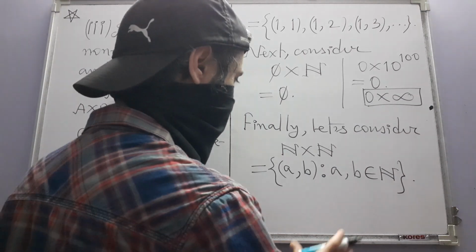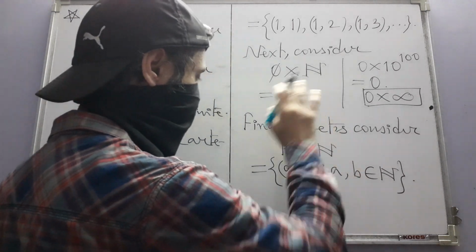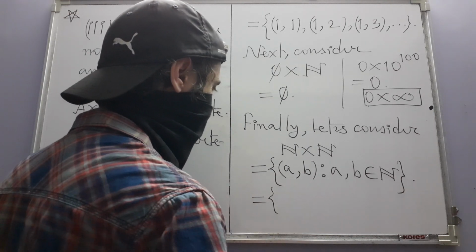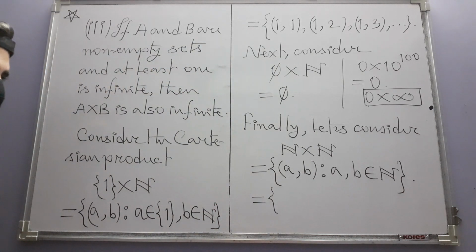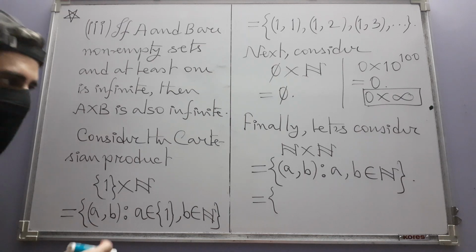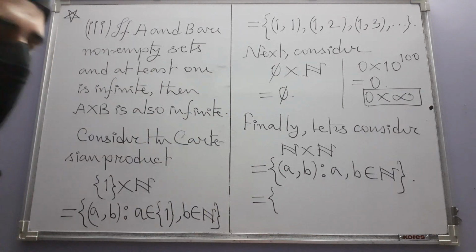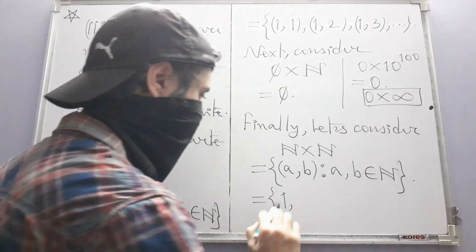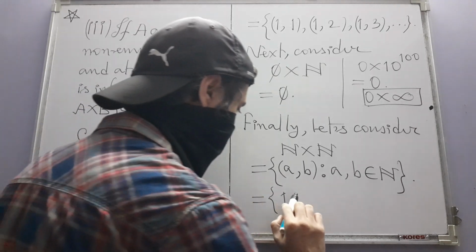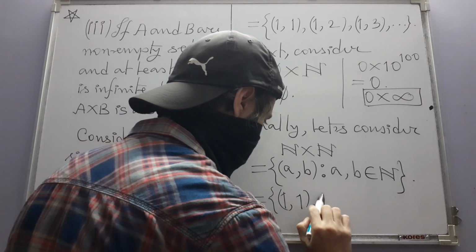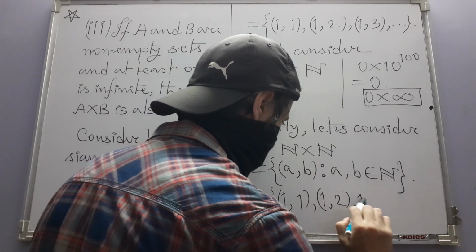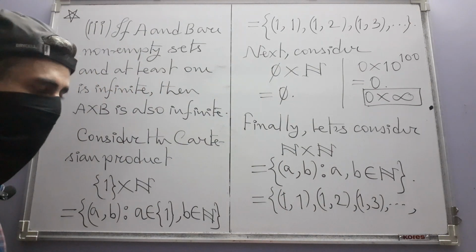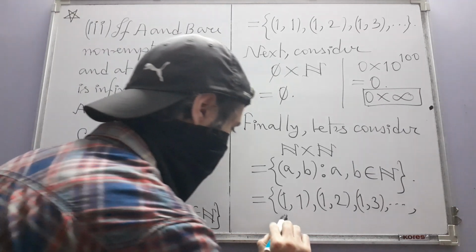If you, however, want to write this in roster form, you will encounter a little problem, because you won't be really able to. In what order will you write? If you choose the first component to be 1, there itself you cannot complete writing this, but then the first component can be 2 as well.